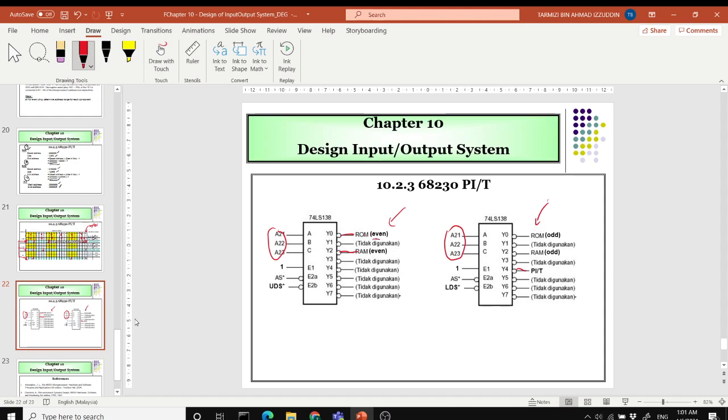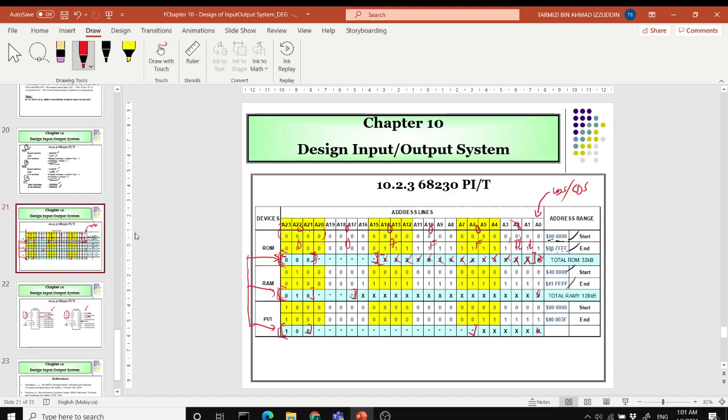If you see here, even, odd. RAM, even, odd. But the second 74LS138, we have the connection number 4 here connected to your PIT. So that's the reason why there are two 74LS138 over here.